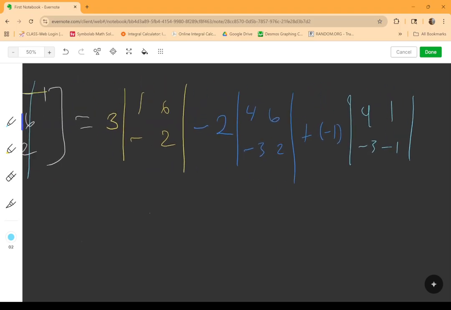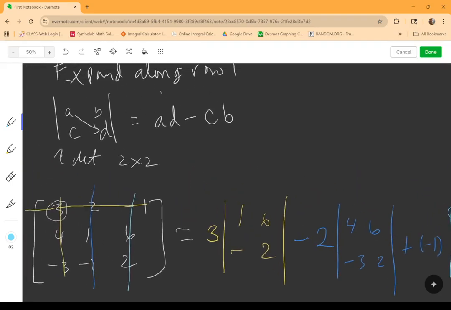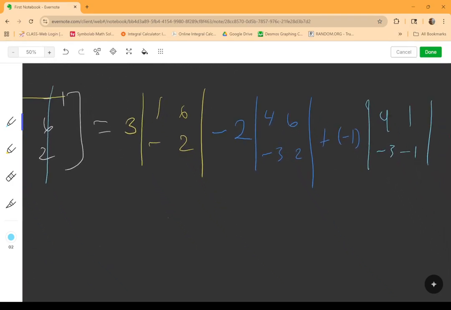Okay, and now this expansion here is called the cofactor expansion. Notice that the resulting submatrices are all 2 by 2. So I would be able to calculate the determinant of the matrix by using this above formula here.